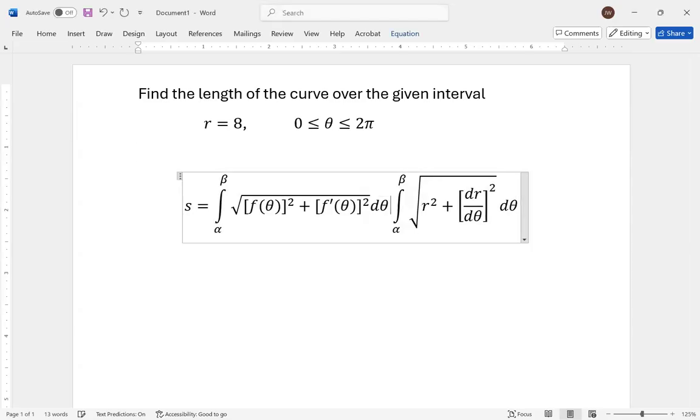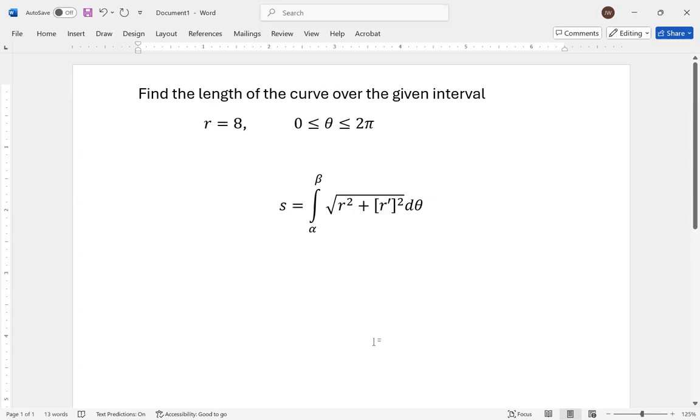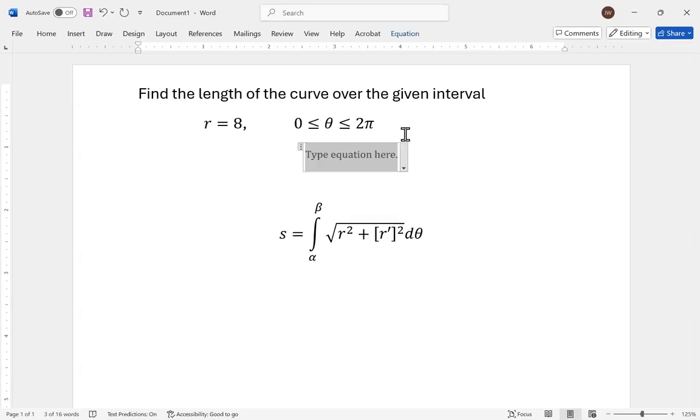Again, what I typically do is think of this as the square root of r squared plus r prime squared. And here r is equal to 8. So if r is equal to 8, then the derivative with respect to theta is equal to 0. So that's what I can plug in.